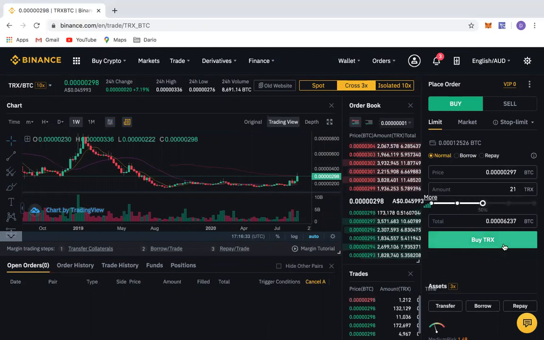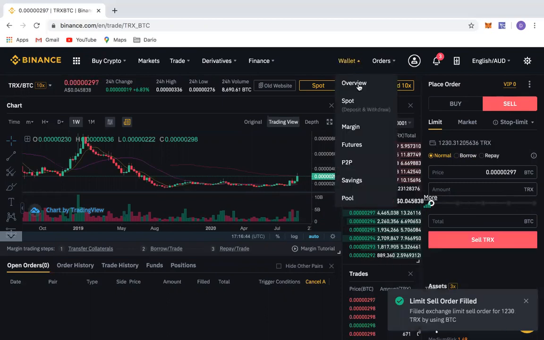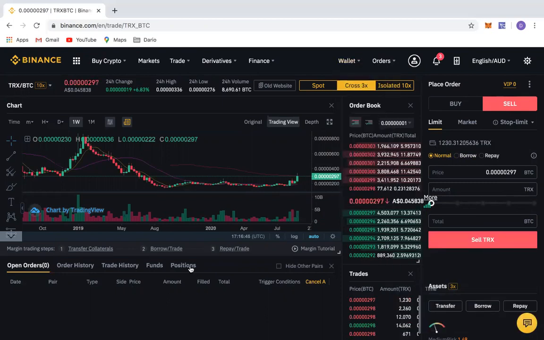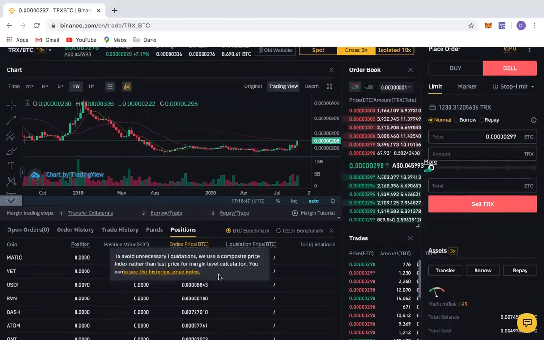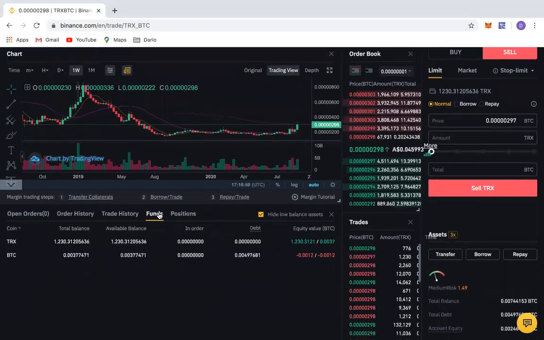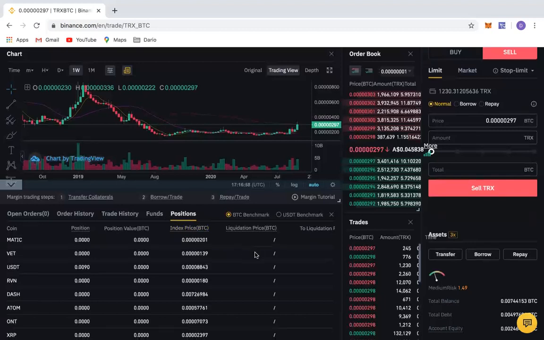We'll sell 50% of our TRX. Sorry, sell, normal, 50%. And now we can look here at positions, or sorry, funds, and we can see the equity value and the available balance.